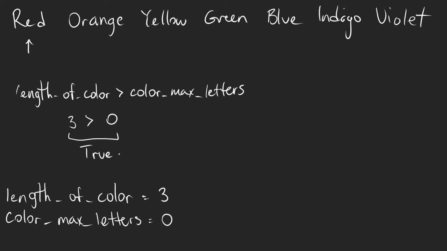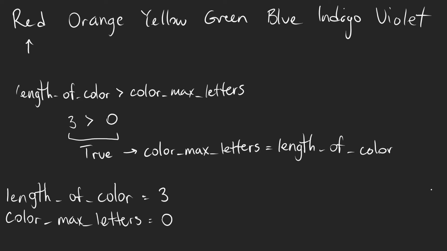And so if it returns true, then we set color max letters equal to the length of the color. So what does that look like in practice? Well, this 3 is greater than 0, so that's going to replace the value.